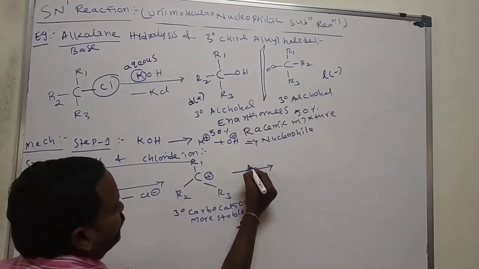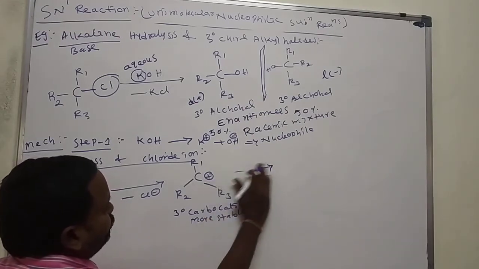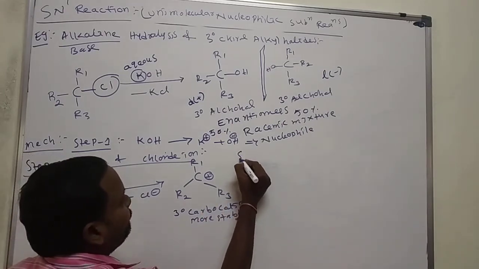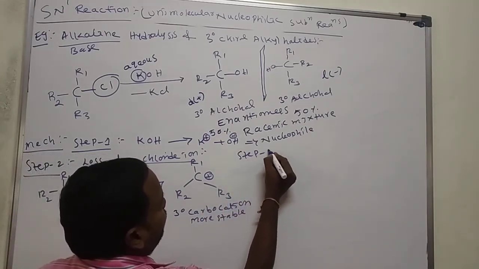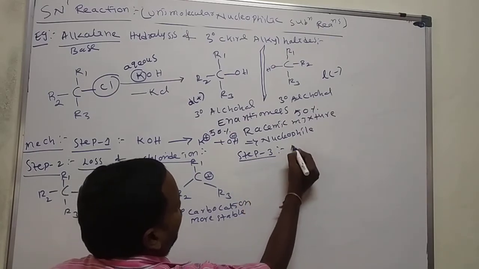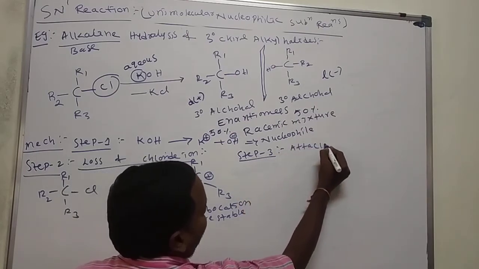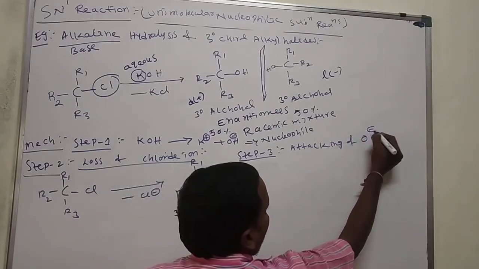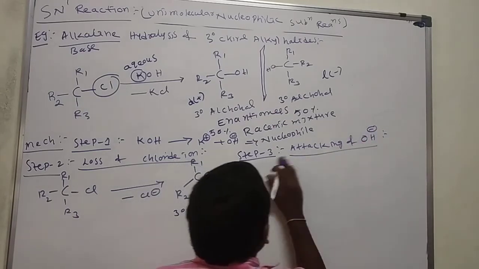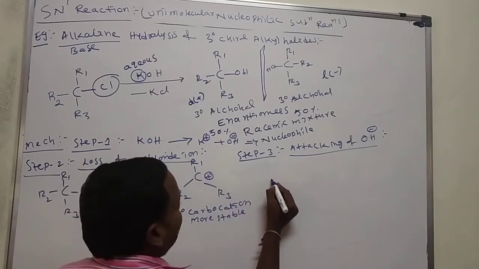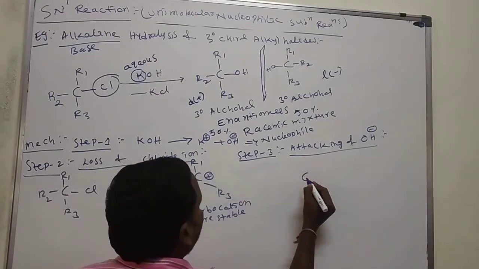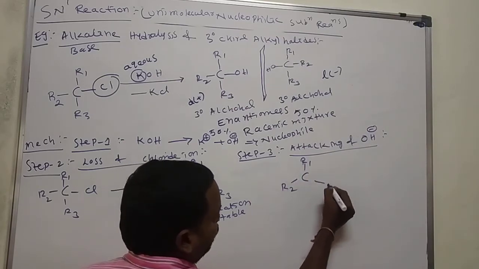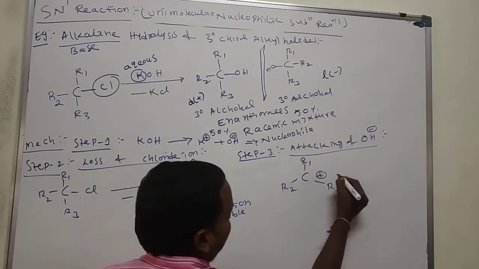Here I am showing step 3, the attack of the OH minus ion. How does the OH minus ion attack? Here I am taking carbon, R1, R2, R3 plus.